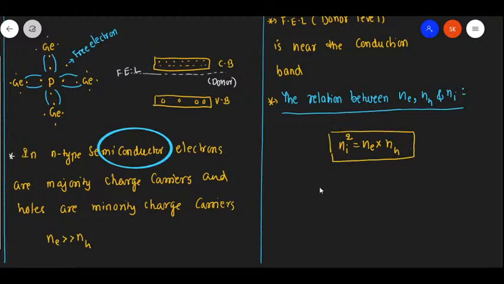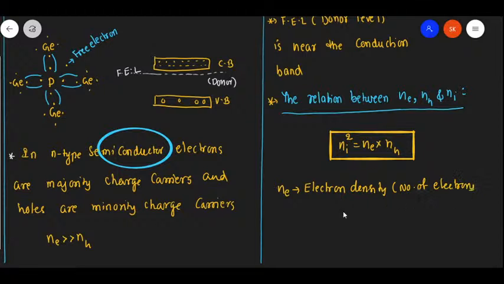What is Ne? Ne is the electron density or electron concentration, the number of electrons per unit volume.